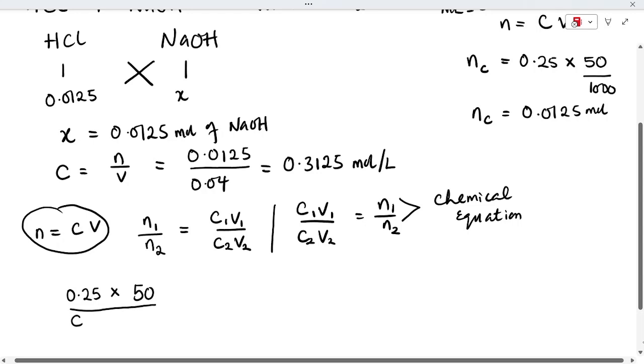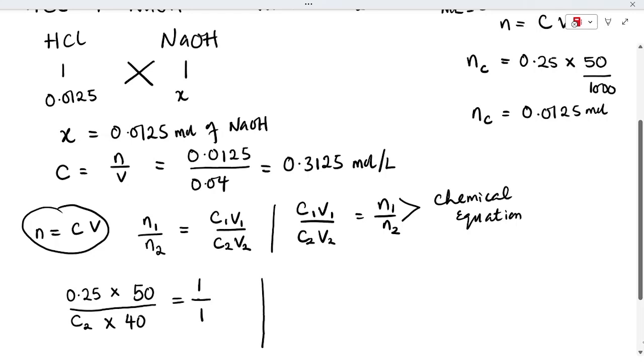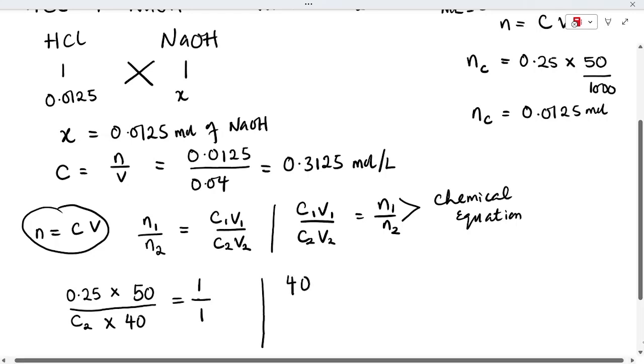C2, we are looking for the concentration of NaOH, times V2, we are given as 40 milliliters, equals N1 from the chemical equation, HCl was 1, and N2, sodium hydroxide, was also 1. So when we simply cross multiply, anything times 1 is practically the same thing. So we can simply say 40 C2 equals 0.25 times 50.